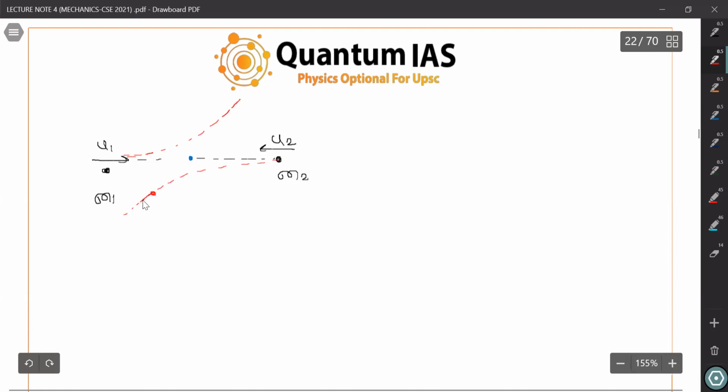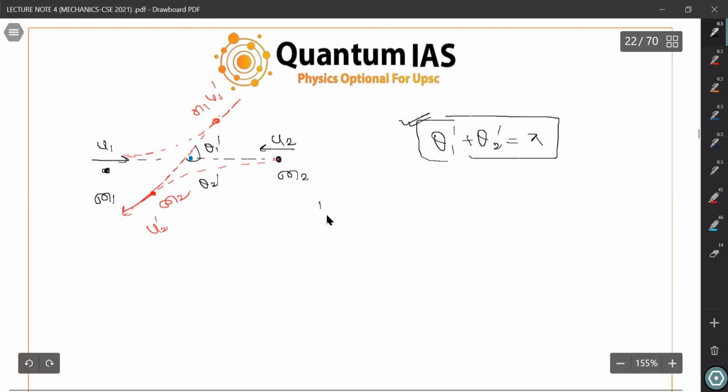At any interval of time, this is m2 with u2 dash, and this is m1 with u1 dash. Their velocities are similar, so they will lie in the same line. If you consider this as theta 1 dash and this as theta 2 dash, you can simply say that theta 1 dash plus theta 2 dash equals pi.